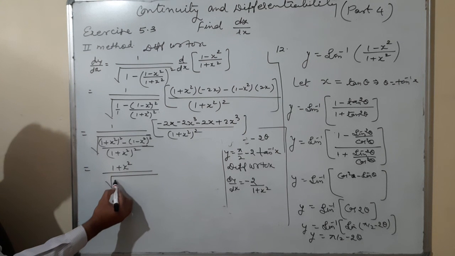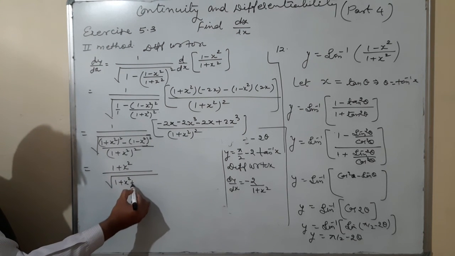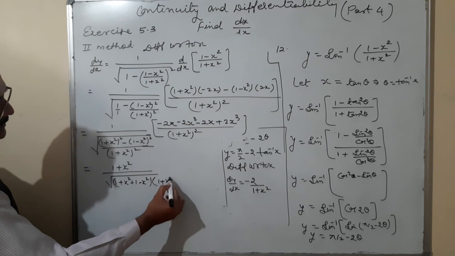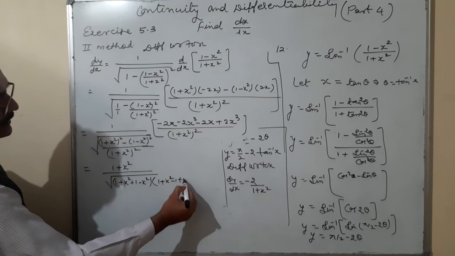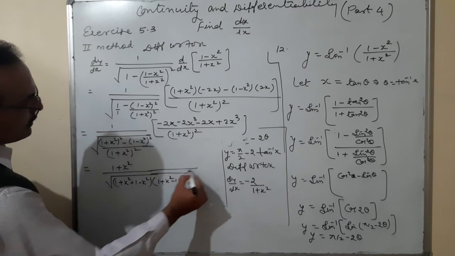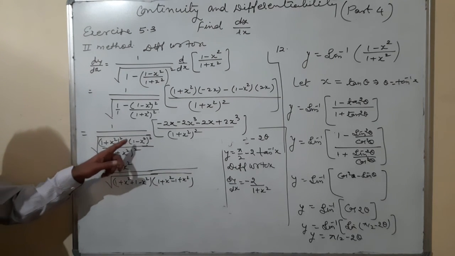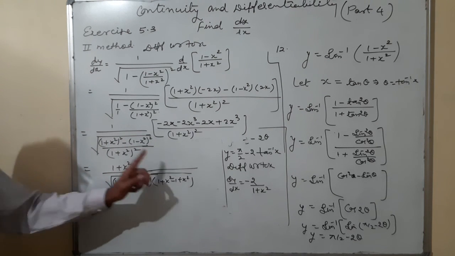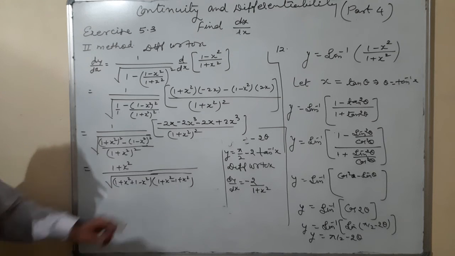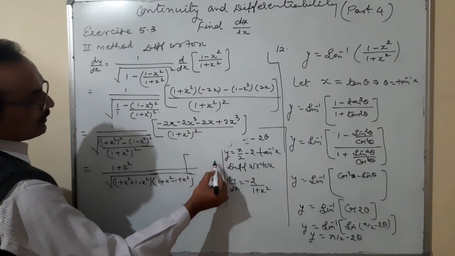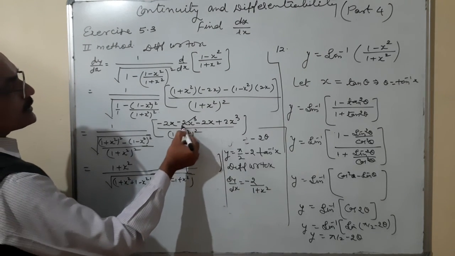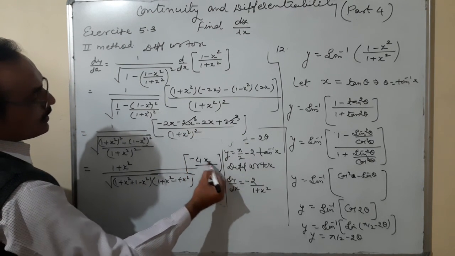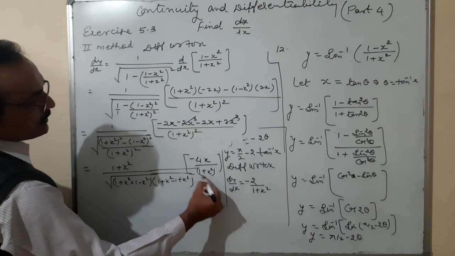A plus b: 1 plus x square plus 1 minus x square, and a minus b: 1 plus x square minus 1 plus x square. What I have done here? Using an identity a square minus b square, a plus b and a minus b. So I'll write here minus 1 and it is plus 1. Here minus 2x cube plus 2x cube cancel, minus 2x minus 4x upon 1 plus x square whole square.